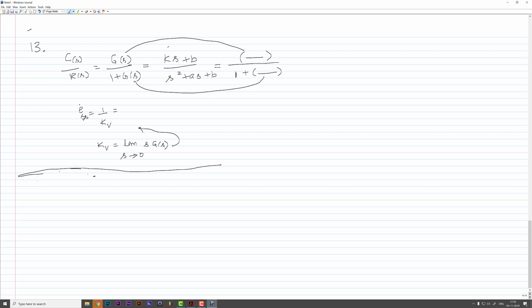Okay, so the 14th problem. Yeah. So figure 6 has three systems.